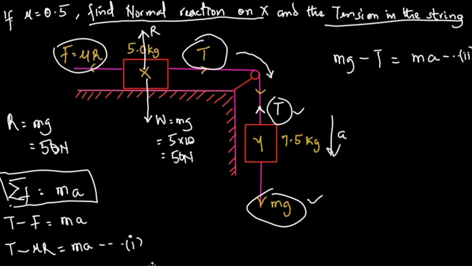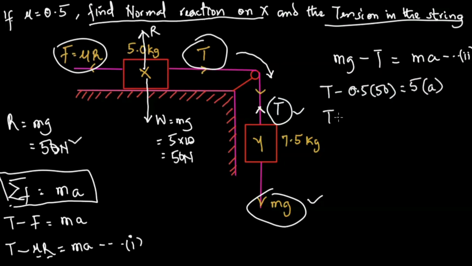So what we simply do is substitute. From equation 1 we have T minus mu, which is 0.5, times R, which is 50 Newton, equals m, which is 5 kilogram, because here we're dealing with block X, multiplied by acceleration a.